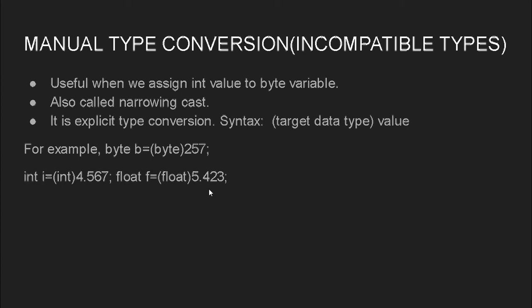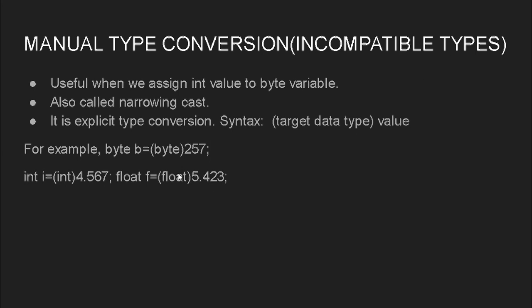The same concept I'm following here. This 5.423 is actually a double data type. I just told you three or four slides ago, if you don't append f, it is going to be a double data type, and if you append f, it is going to be a float data type. Here I cannot store a double data type into a float directly, because I cannot store 64-bit data into 32-bit data. It cannot happen automatically.